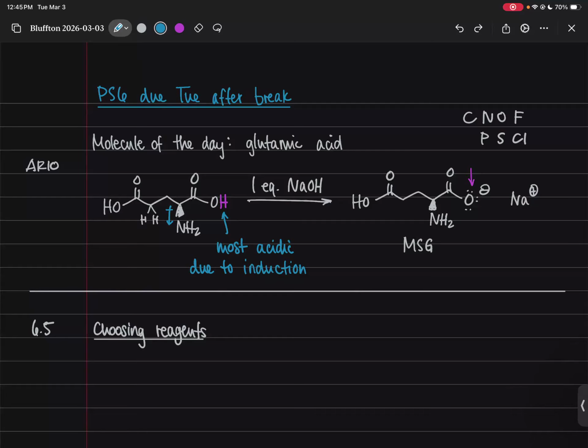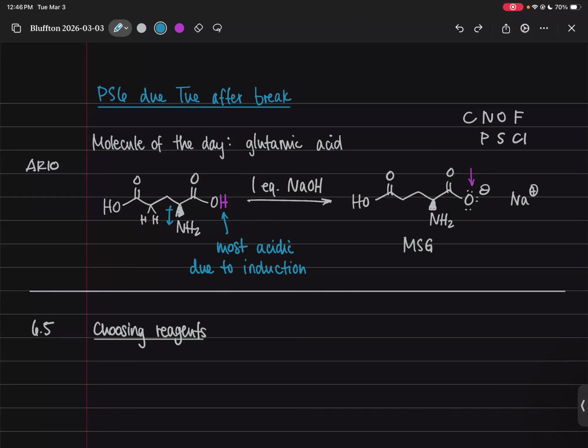And so that means that there is a little tiny bit of inductive stabilization due to this nitrogen on this side. But for this one, we don't have that. We don't have a more electronegative atom. Really, we just have hydrogens, which are not electronegative at all. And so there's a tiny bit of inductive stabilization on that side of the molecule. And so that means that the proton on the right is the most acidic. And so that's the conjugate base that we're going to have.